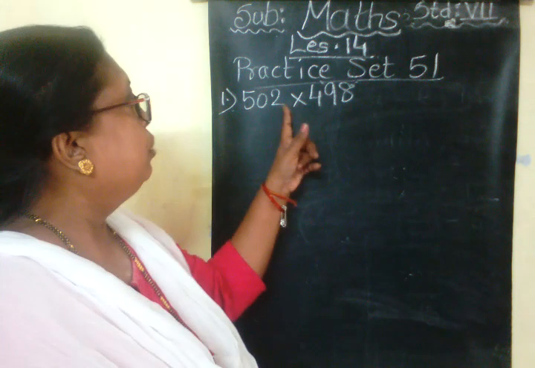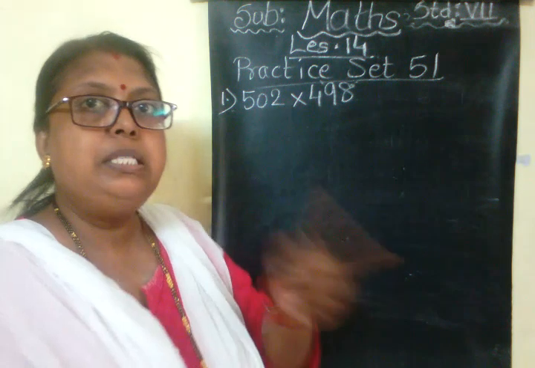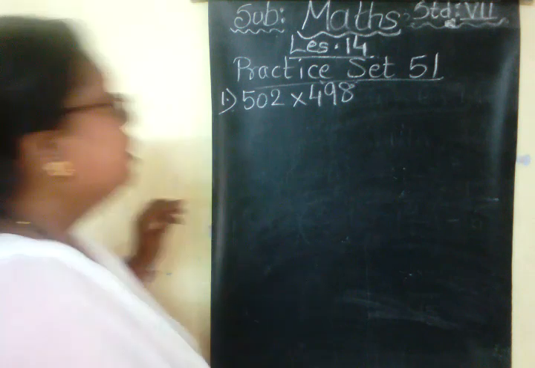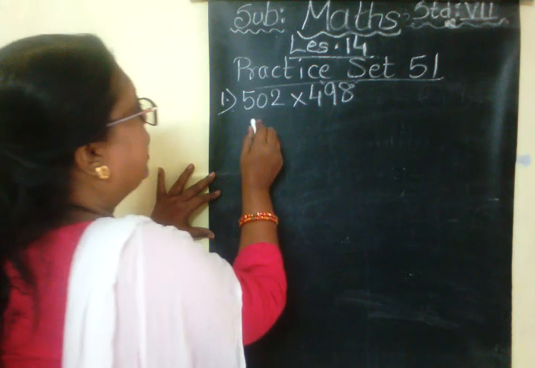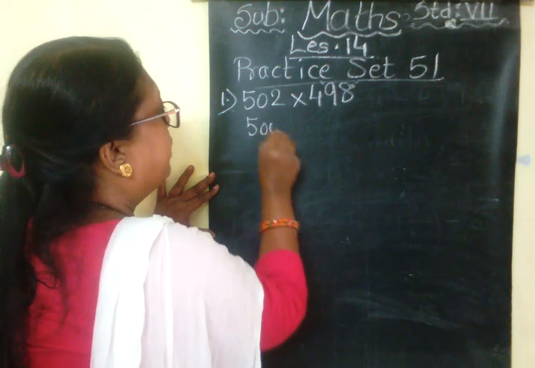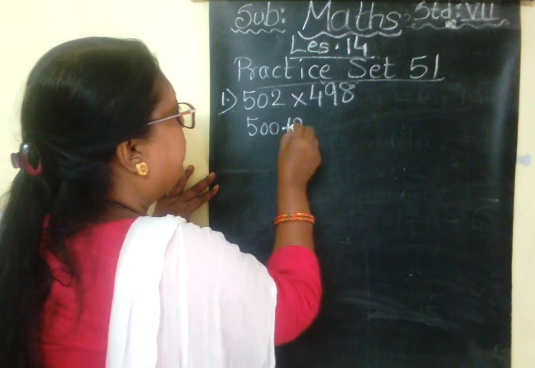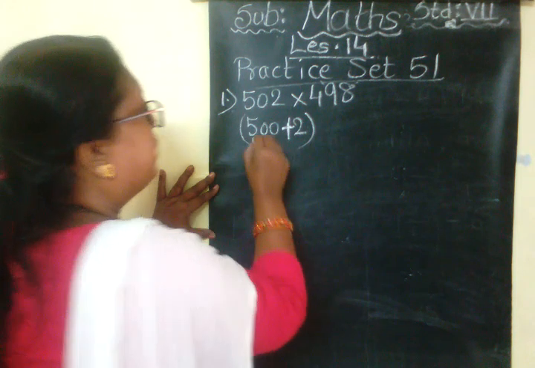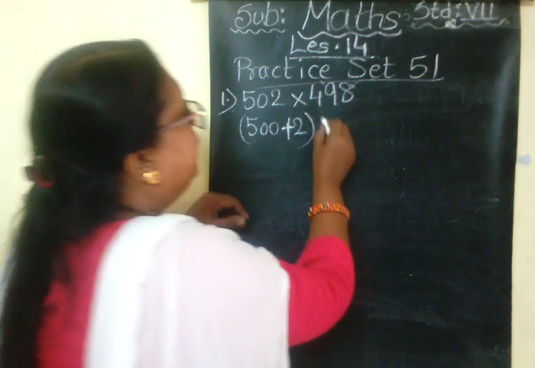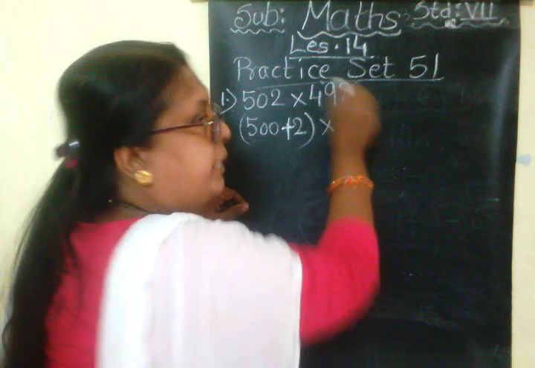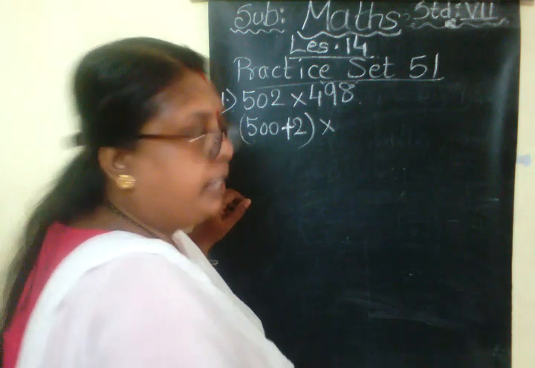Now 502 is near to 500, right? So instead of 502, I will write 500 plus 2, and put it in brackets. Multiplied by 498, which is again near to 500.